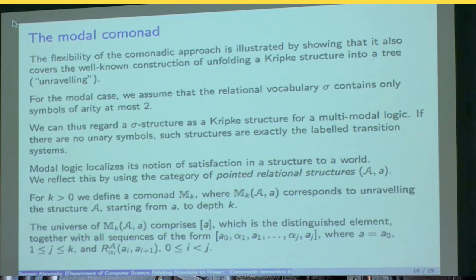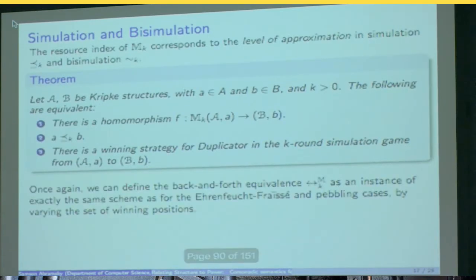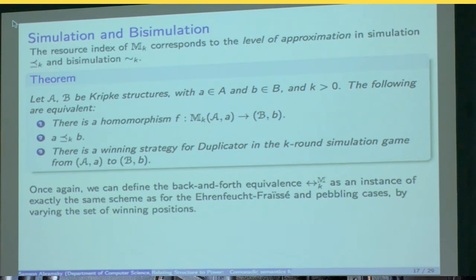So one point is that the very universe here is already building in some information about the relations that held in the original structure. And we can get a correspondence now with simulation, which is the asymmetric version of bisimulation, which has proved to be one of the most important equivalence notions used in computer science.